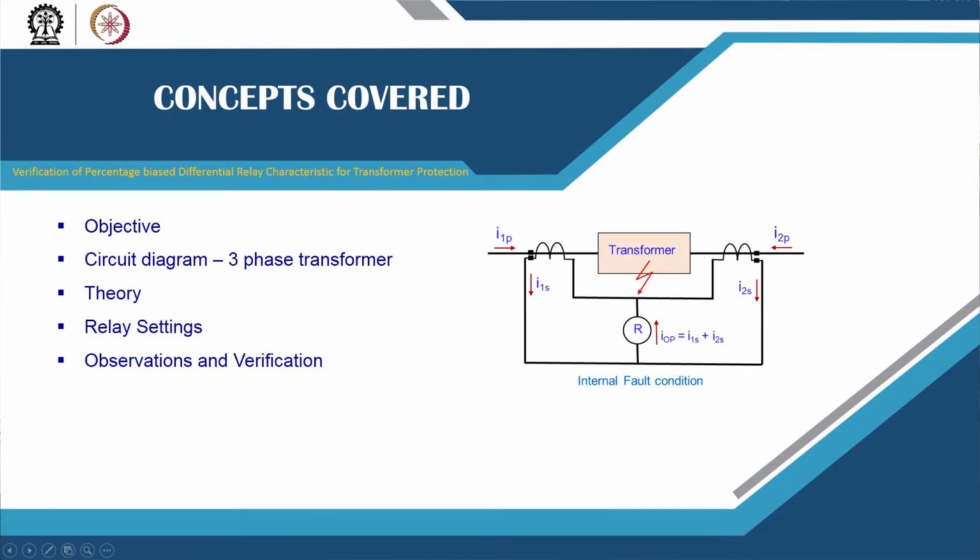Then the differential relay is in this branch, and the operating current for an internal fault becomes the secondary current on the high voltage side plus the secondary current on the low voltage side. So, these are the CT connections that we have carried out in this arrangement, and for the internal fault case, the relay should go for a trip decision.